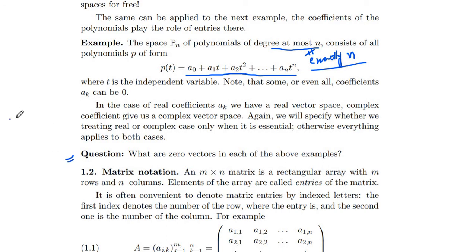For m by n matrices, do you remember the definition of the zero vector? A zero vector is a vector such that if you add it to any vector, you get the same vector back.